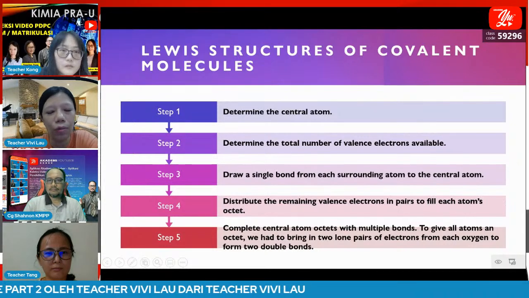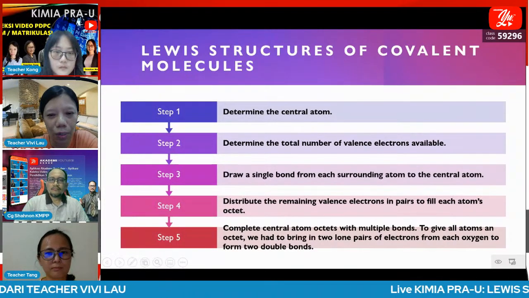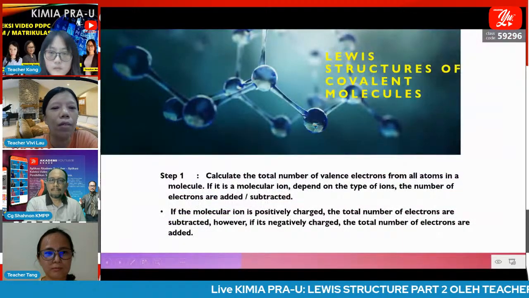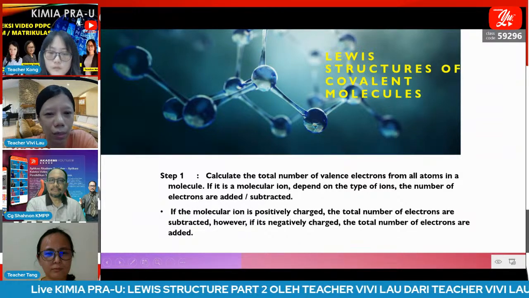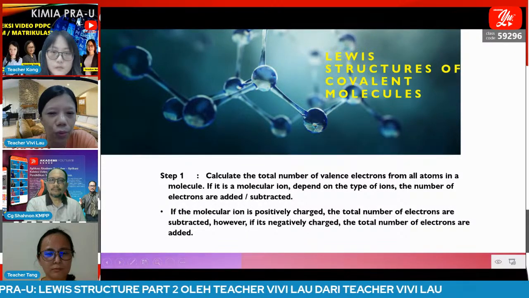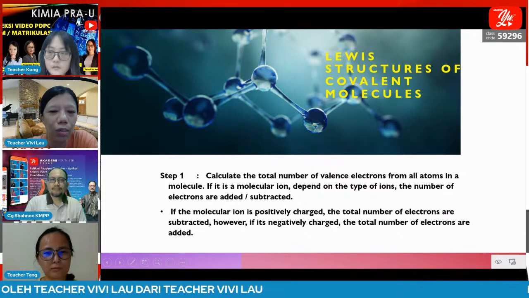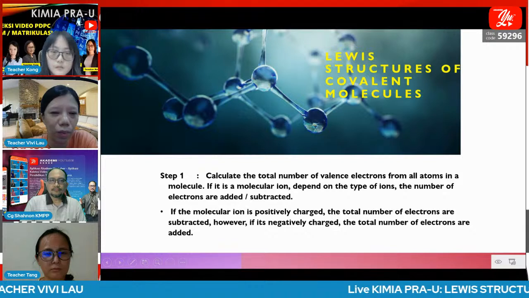If the molecule has multiple bonds, okay. If not, you use a lone pair, so it depends on the example. For step 1, you also have to see whether it's a neutral molecule or a charged molecule. For neutral molecules, the total electrons just equal the valence electrons of the atoms.